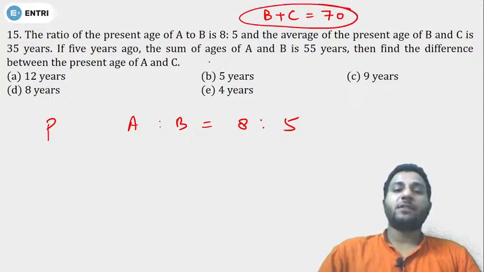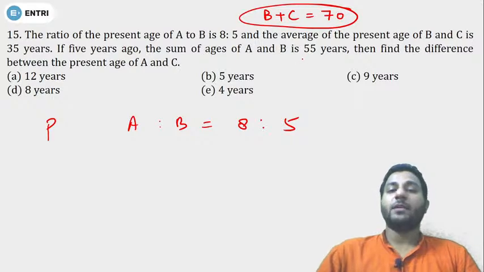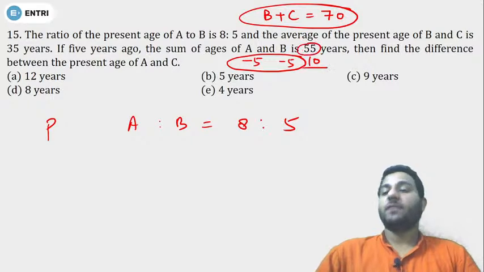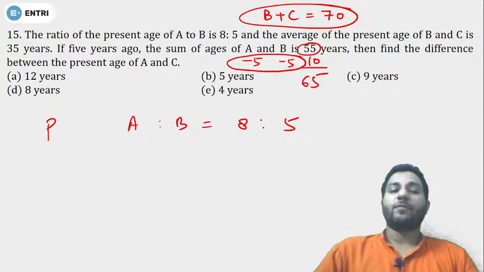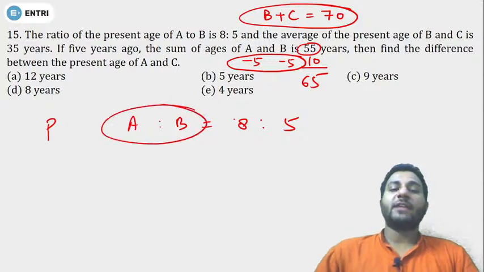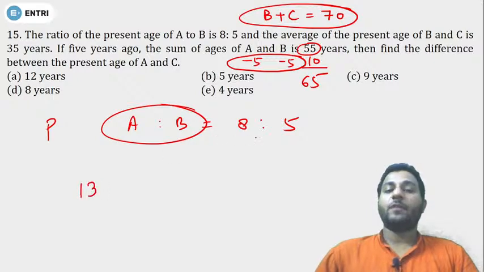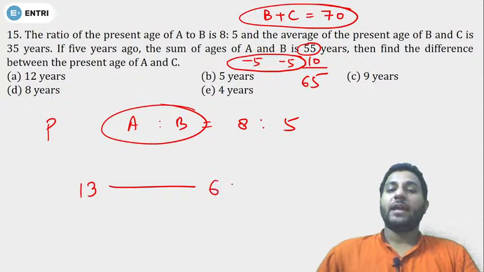If 5 years ago the sum of the ages of A and B is 55 years, then to get to the present you add 10 years to this 55, which means 65. Now the ratio of present ages of A and B is 8:5, so the total ratio becomes 13, and it equals 65. So 1 ratio equals 5.